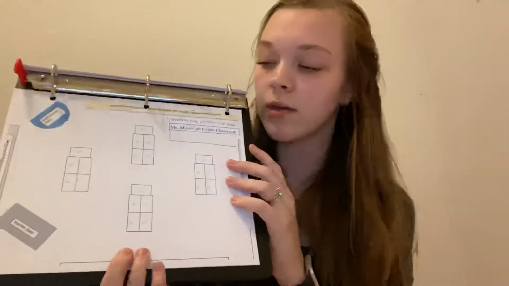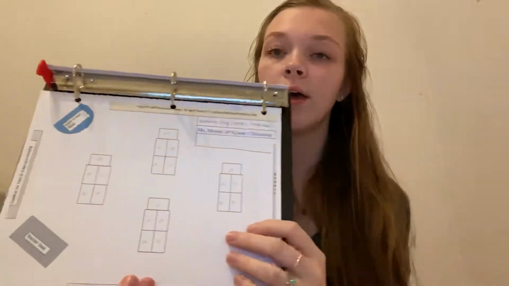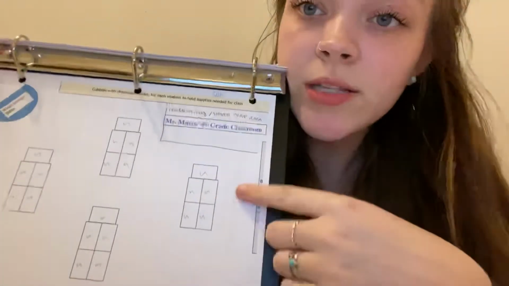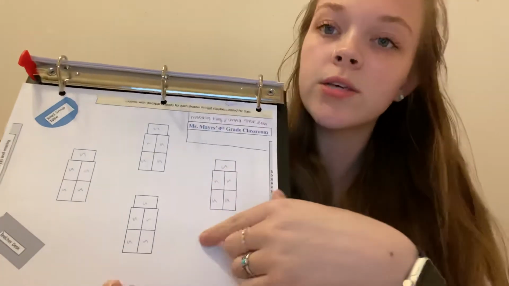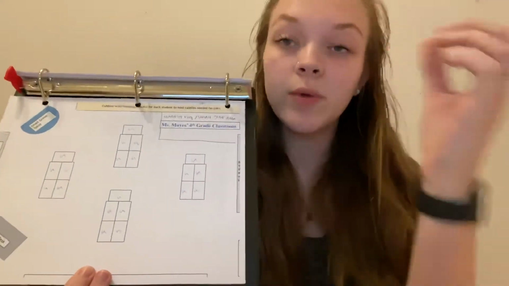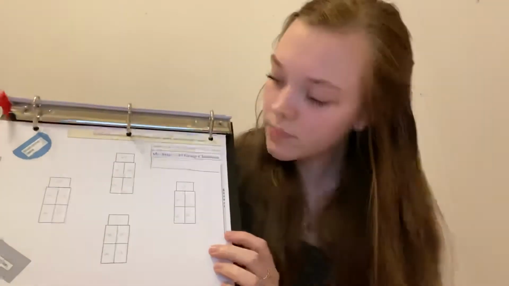And then I would also include a copy of the class diagram with the seating arrangements. So it's the same thing, but on the desks I would write the students' actual names, like for their seating chart. So this will also help with taking attendance and making sure that the students are where they need to be.